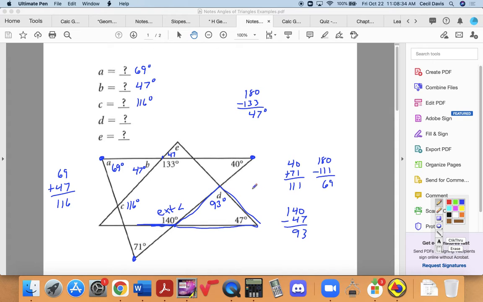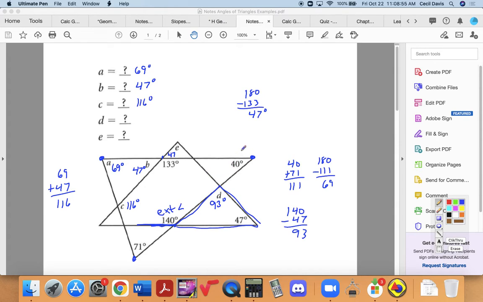Do we need to find the right corner of E? Yeah, it'd probably be helpful, unless we could do this big triangle, but I don't see that happening very quickly. We could do 93 minus 40. Oh, be careful. No, because this is not an exterior angle for this triangle.